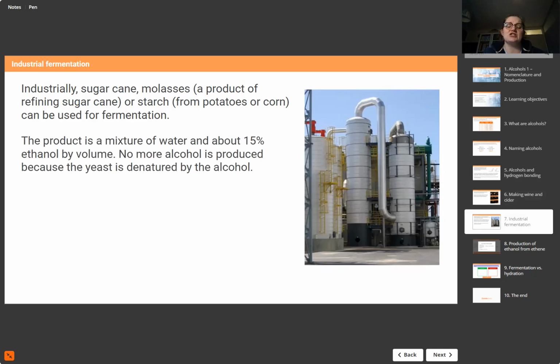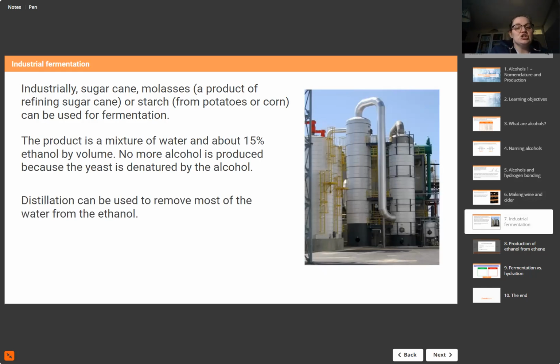The product is a mixture of water and about 15% ethanol by volume. We don't produce any more alcohol than this because the yeast is denatured by the alcohol, so it stops being able to ferment. We can then use distillation to remove the water from the ethanol, so we can have pure ethanol.